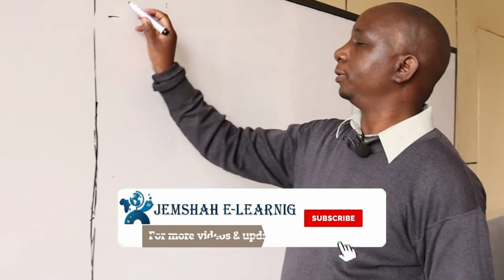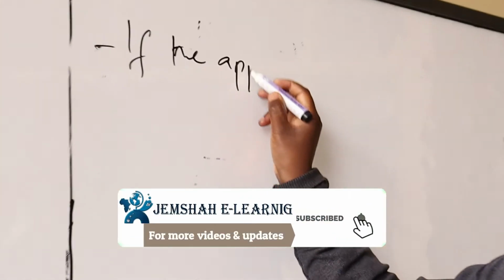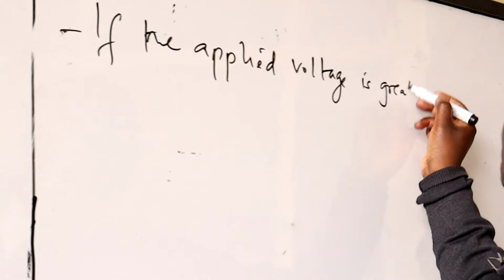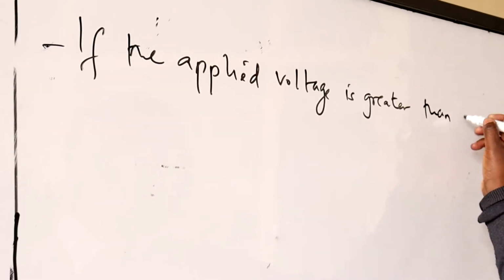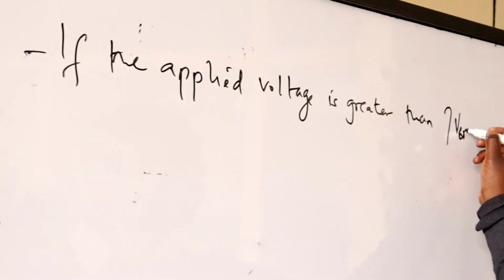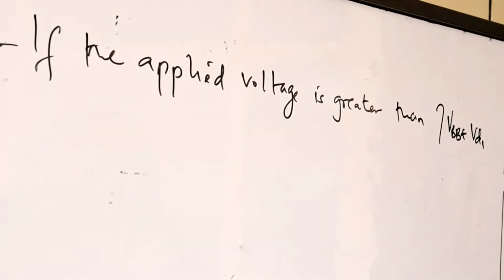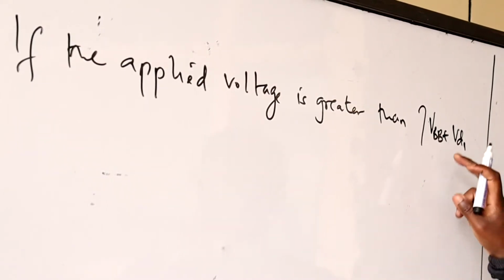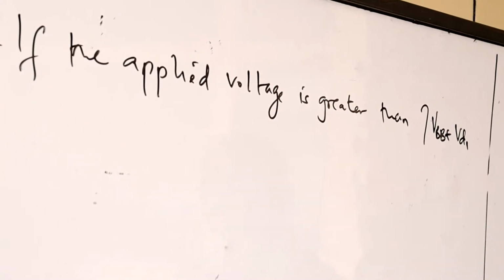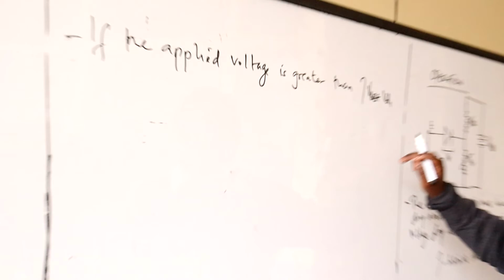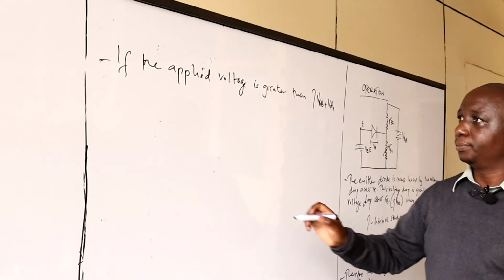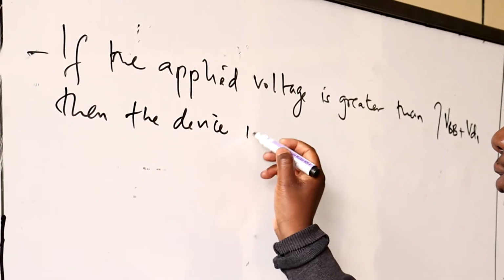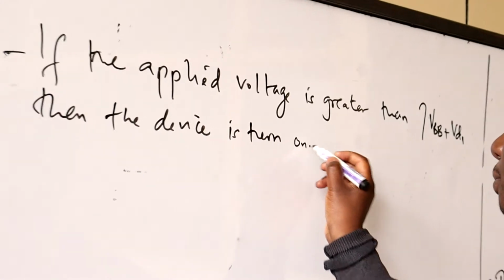So if the applied voltage is greater than the intrinsic standoff ratio of VBB plus VD1, then the device is turned on.